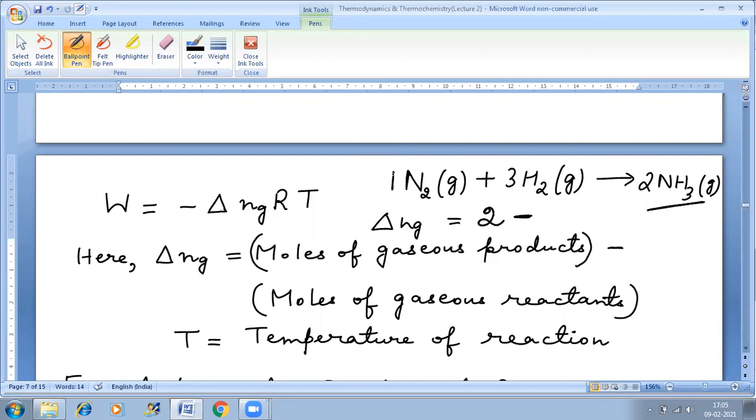The coefficient of N2 is 1 and the coefficient of H2 is what? 3. So I can write 1 plus 3. Total is 1 plus 3 because it is the total number of moles of the gaseous reactants. So 2 minus 4, minus 2. So minus 2 is the value of delta Ng for this reaction.